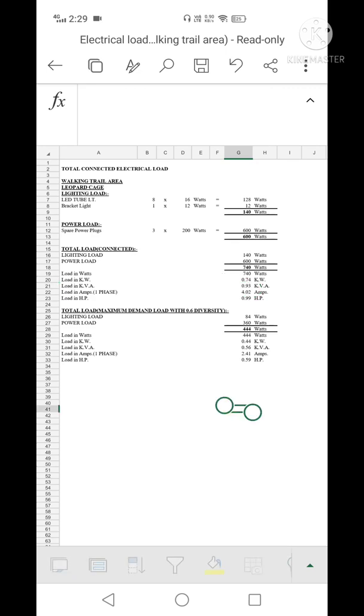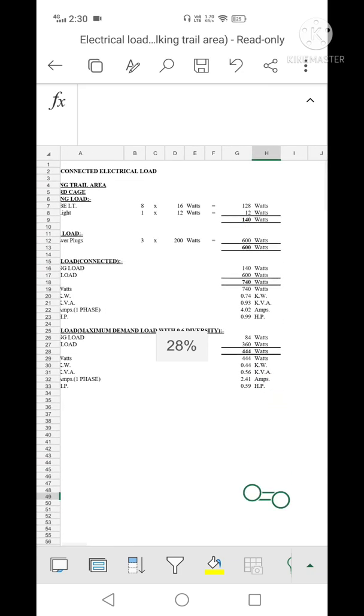Here 0.8 is the power factor, as we know the formula P equals cos phi VI, or we can say power equals kVA times power factor, which is cos phi. Then we have to convert this into load in ampere.